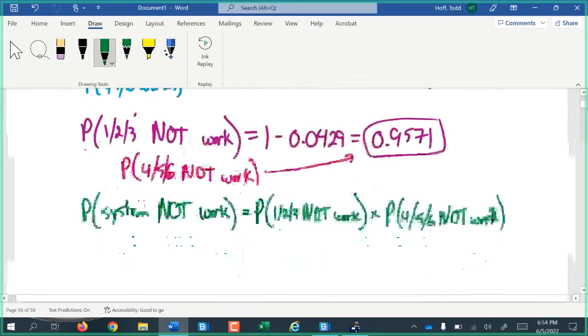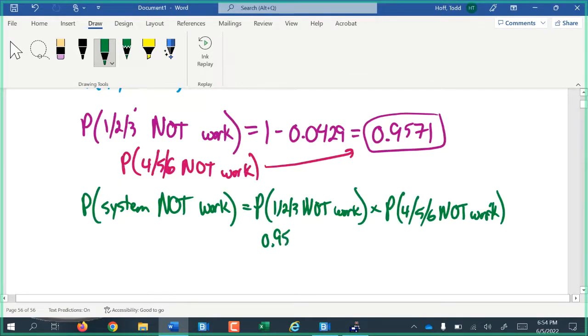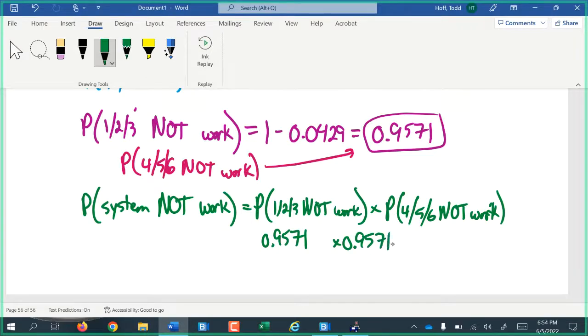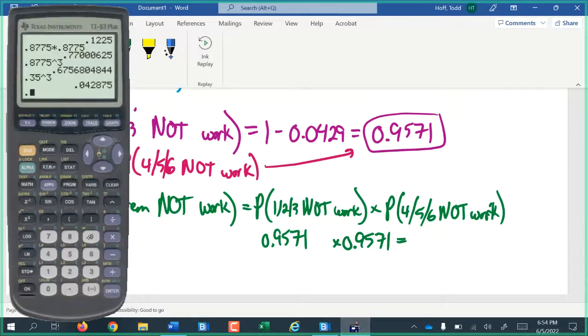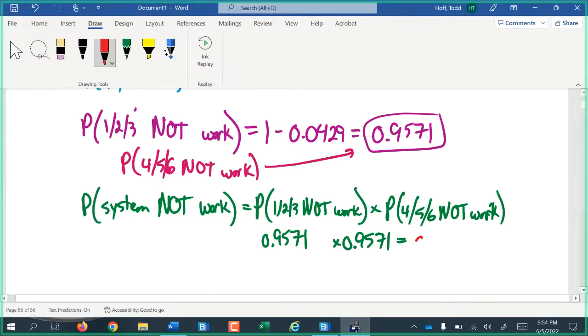So that's going to be 0.9571 times 0.9571, so I'm just going to square it, 0.9160.